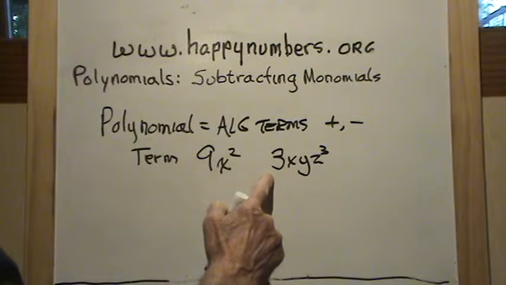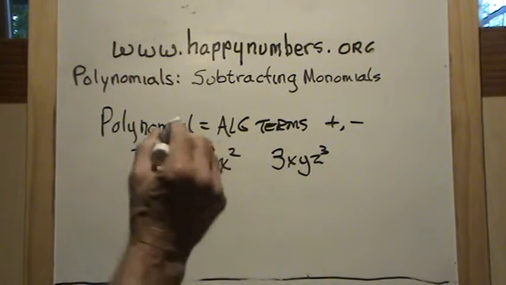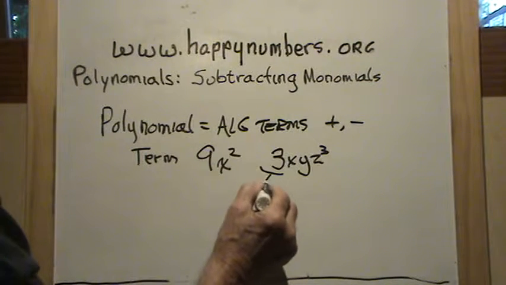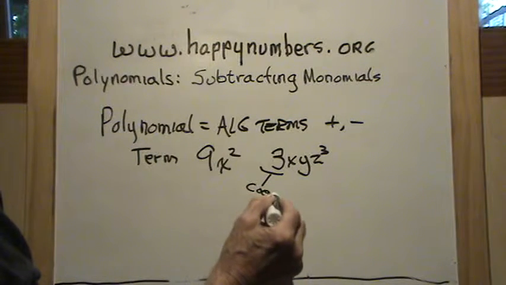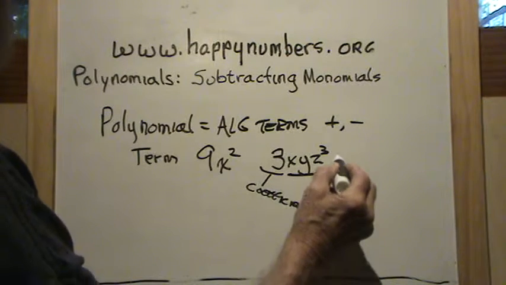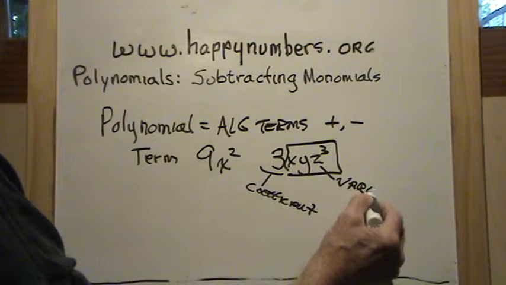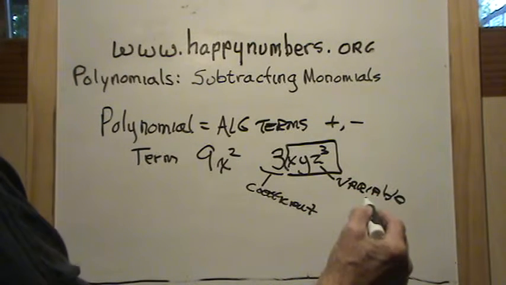It's a coefficient. These are the variables. That's the exponent. And in a term, as we know, this is the coefficient, and this whole other part is called the variable part.